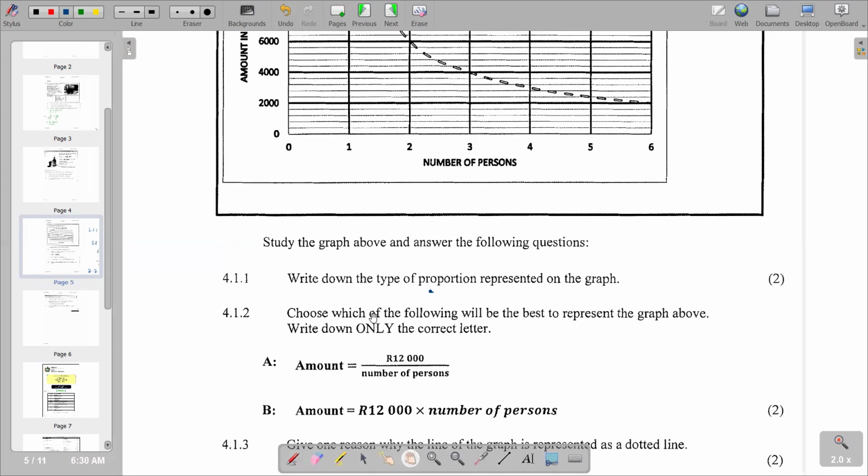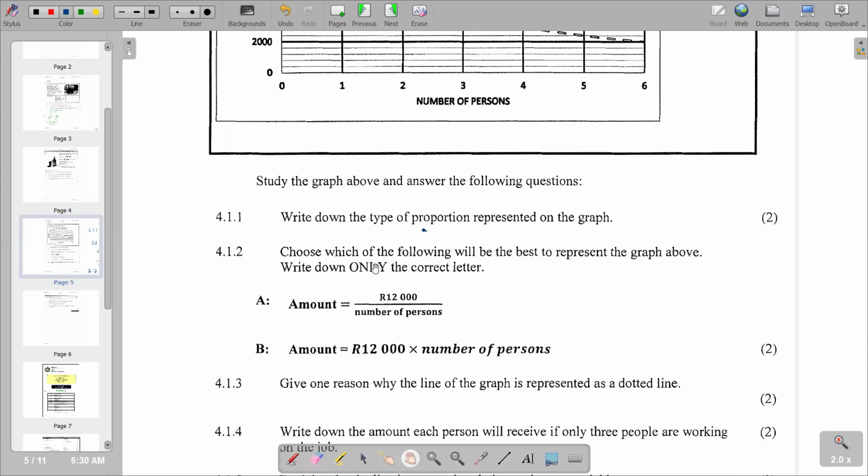We go to the second part of the question, 4.1.2. Choose which of the following will be the best to represent the graph above. Write down only the correct letter. The first one says amount is equal to 12,000 rands over number of persons. The second says amount is equal to 12,000 rands times number of persons. But in the second one, if the number of persons increases, the amount also increases, which is not correct since it's an inverse proportion.